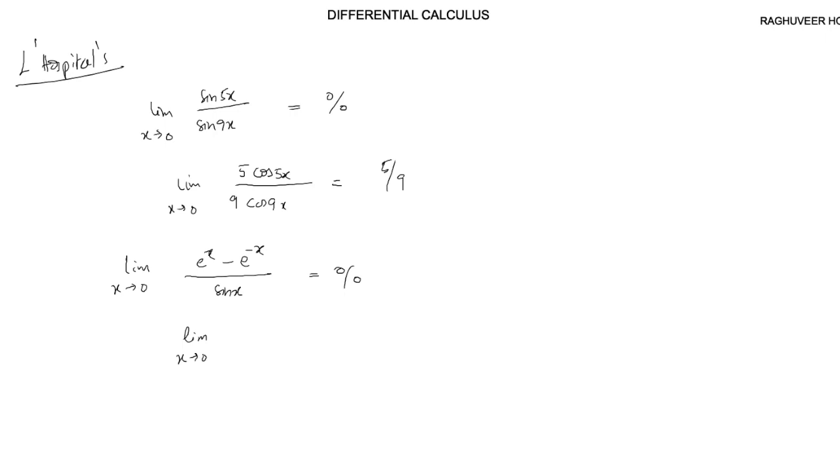Now by applying L'Hopital's rule here, this will be e to the power of x plus e to the power of minus x divided by cos x, right? Now by applying x equal to 0, we get 1 plus 1 divided by 1, which is 2.